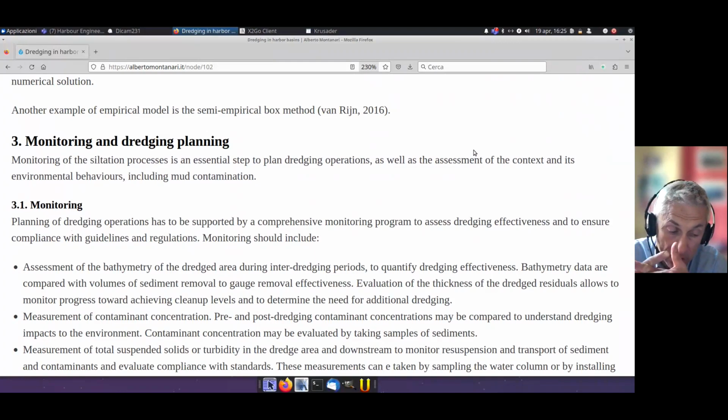Monitoring allows us to define all the features that we discussed so far, like the depth of the basin, the evolution of the siltation, the progress of siltation, and the changes in the depth of the basin, etc. So monitoring is indeed an important piece of the story, and should include an assessment of the bathymetry of the dredged area during interdredging periods.